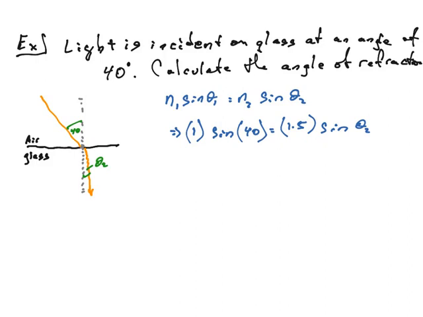So all I have to do is plug all of this into the calculator. So I should get sine theta 2 is 1 over 1.5 times sine 40. How do I calculate theta 2? Well, if sine of theta 2 is all of this stuff, then theta 2 must be the inverse sine of that stuff.